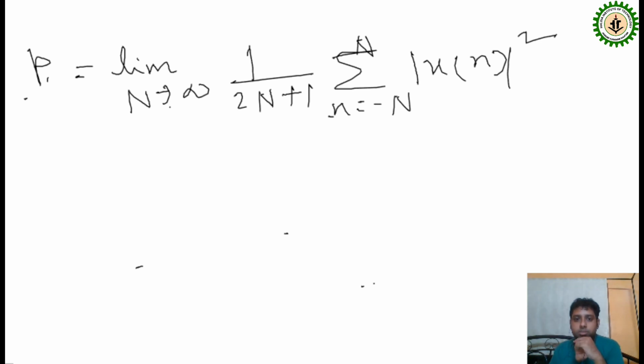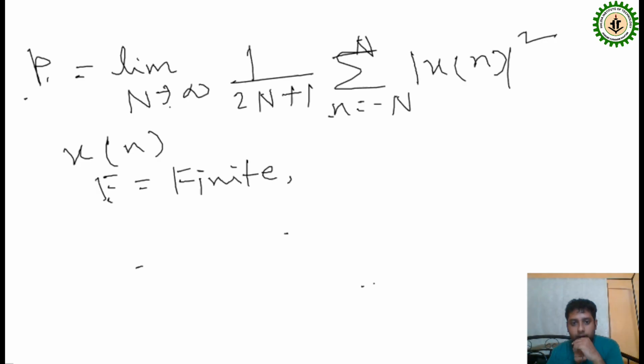Now, suppose a signal is given which we are considering x[n]. Now, we need to understand when that signal is said to be an energy signal as well as when that signal is said to be a power signal. A signal is said to be an energy signal when energy is equal to some finite value, and power will be equal to 0.